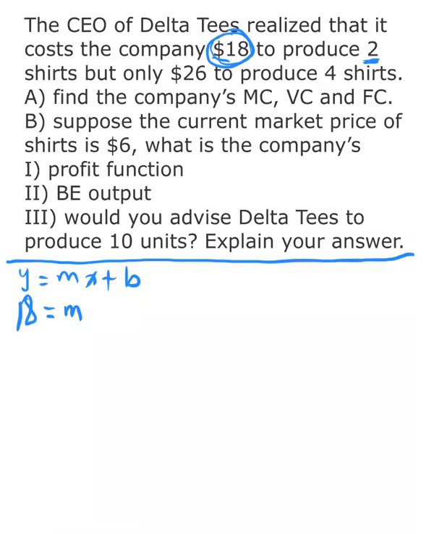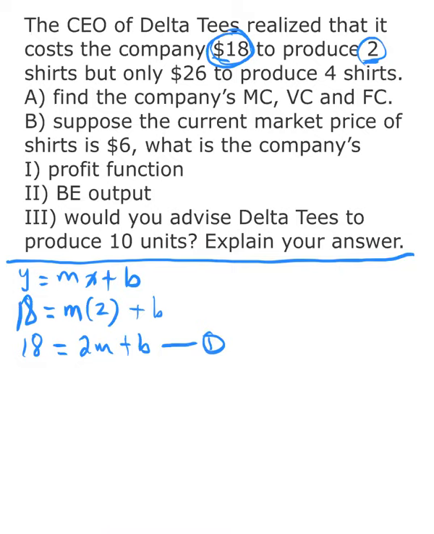The independent variable is the number of units produced, so we substitute that with 2. X becomes 2, plus b. In effect, we'll end up with 18 equals 2m plus b. Let's call this equation number 1. This is the first piece of information.